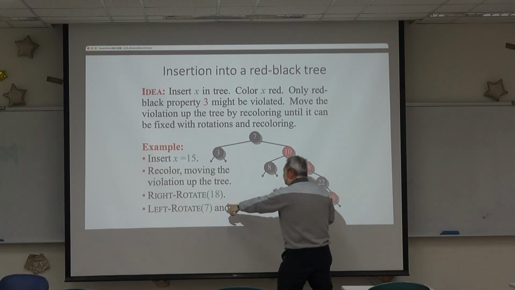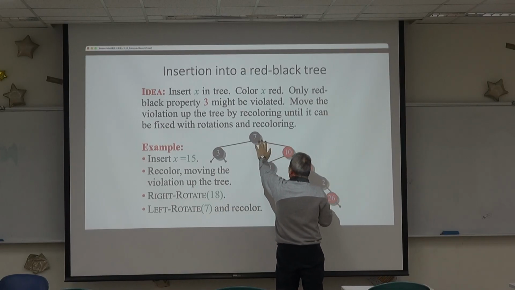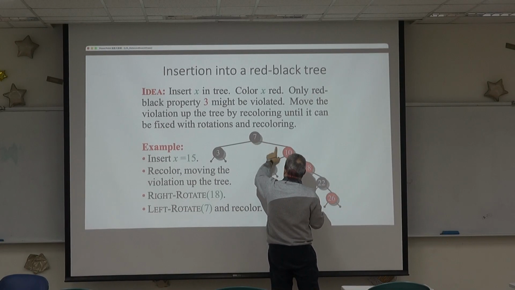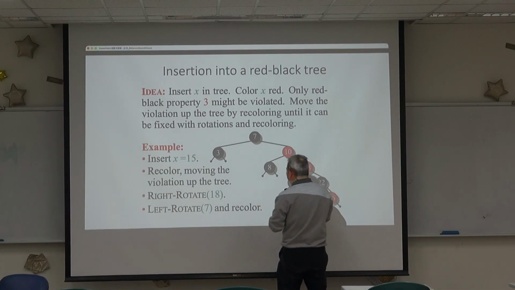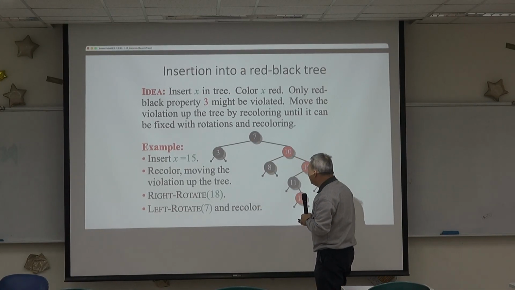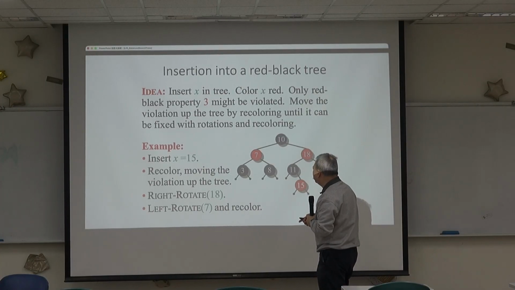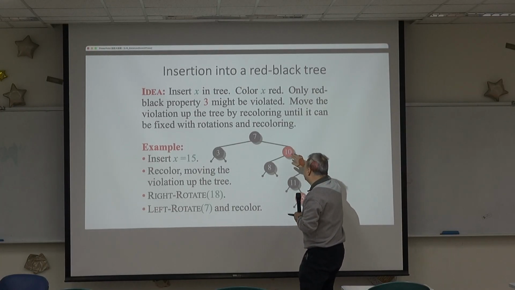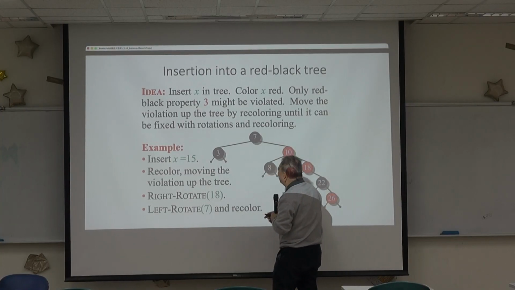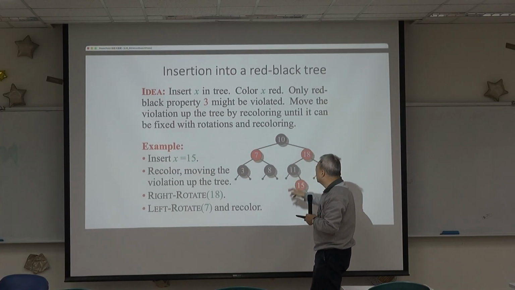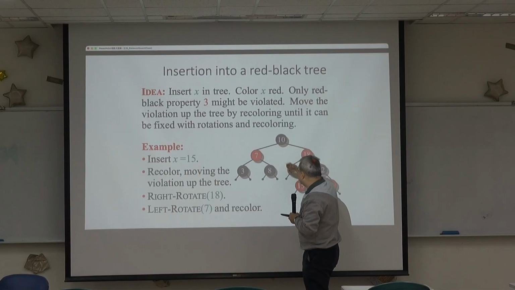You can rotate the 7. Do a left rotation. Promote the 10 to the parent, and then recolor. So it becomes like this. 10 is promoted to the top, to the root. And then recolor.